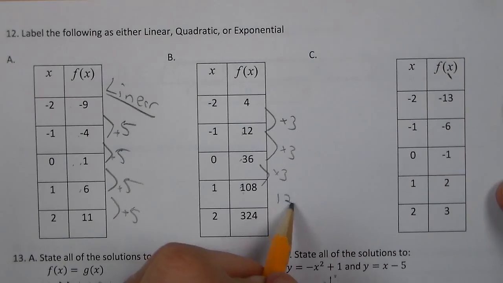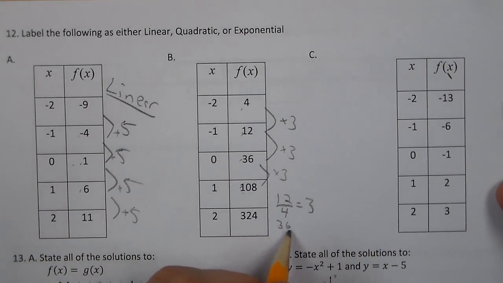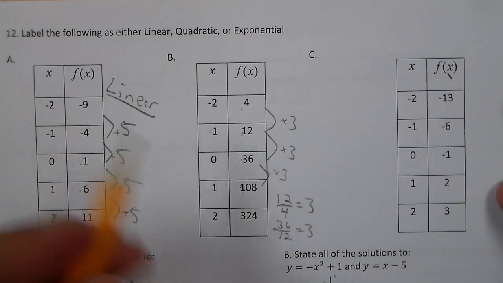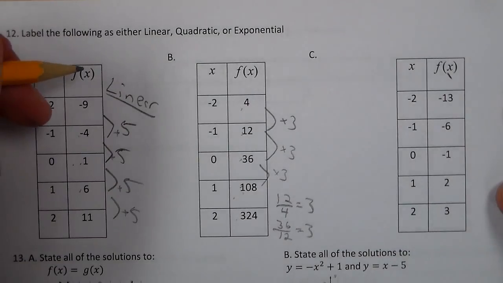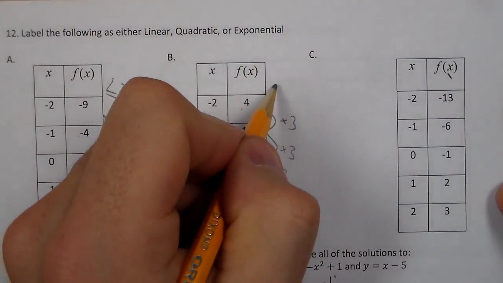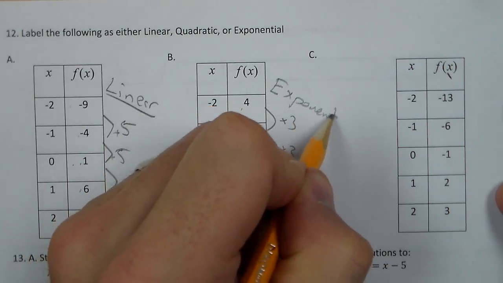So 12 over 4 gives us 3. 36 over 12 also gives us 3. 324 divided by 108 also gives us 3. So it's always a constant multiplier that we have. So this is going to be your exponential.